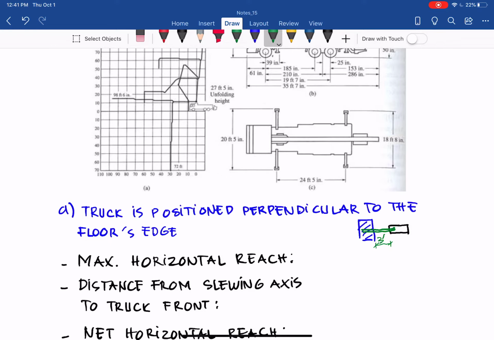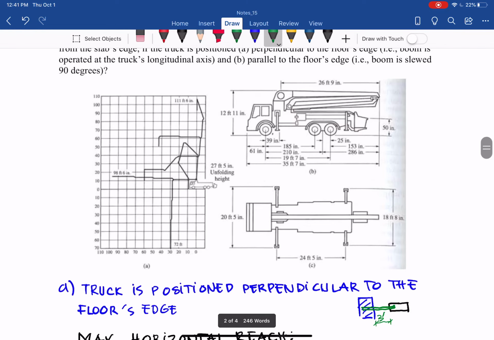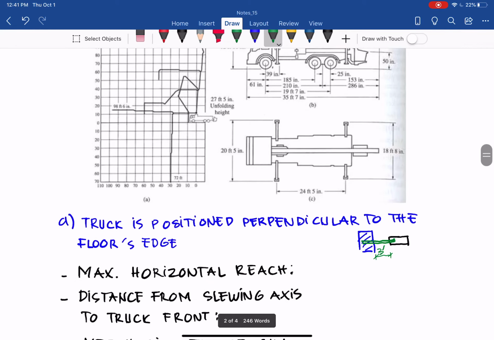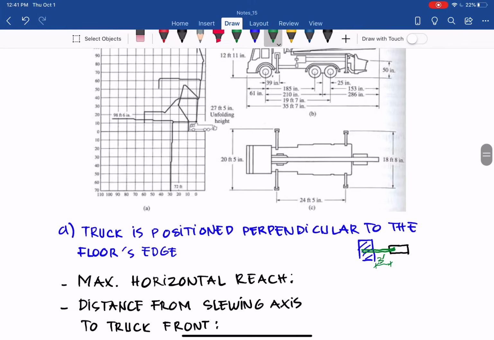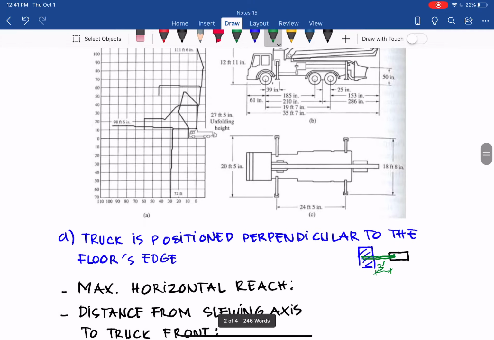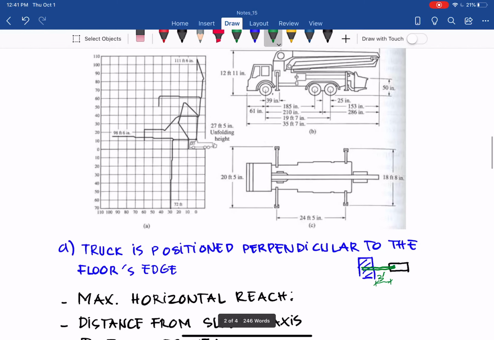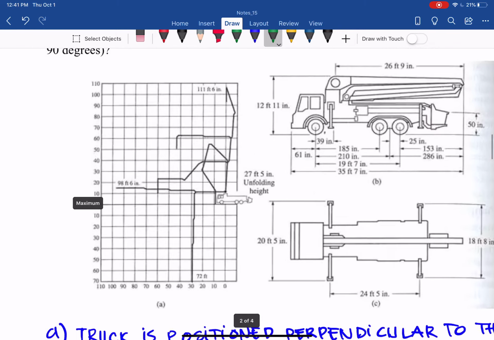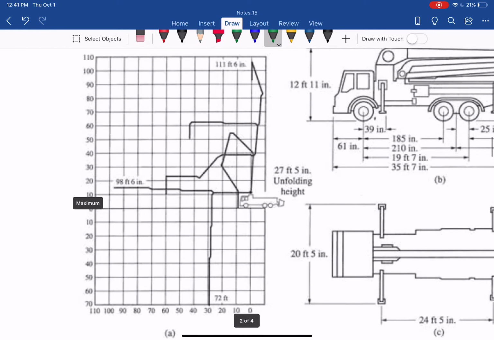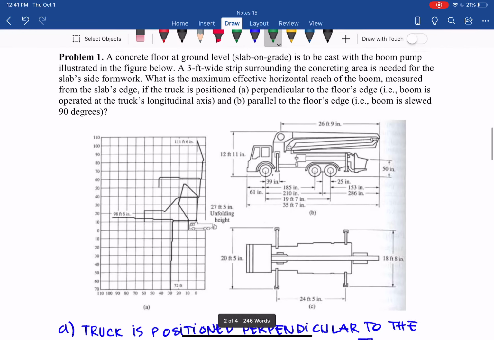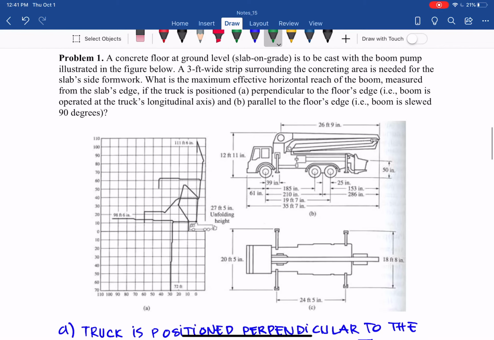Then how do we determine the effective horizontal reach of the boom? First, from the manuals, we can find out the maximum horizontal reach of the truck, and that goes to the chart. So here, as you can see, because this one is on the ground level, the horizontal reach will be this number, and this is the vertical reach, as you can see there.